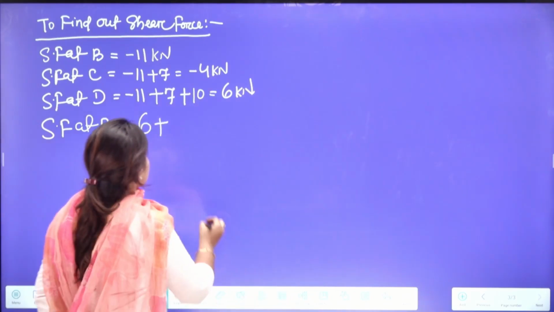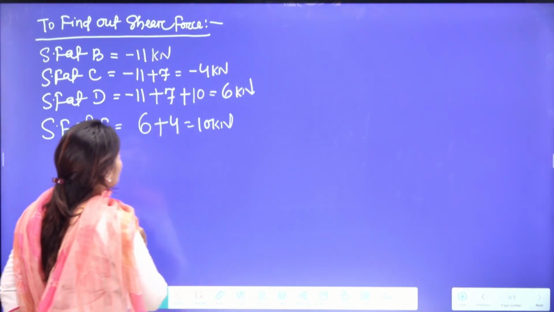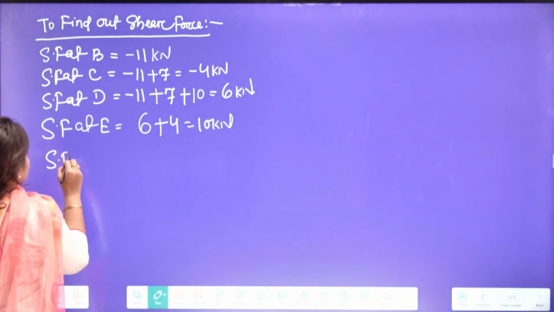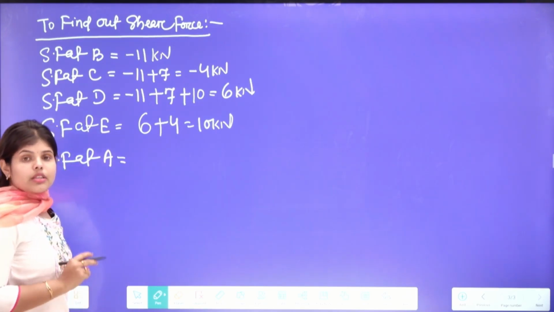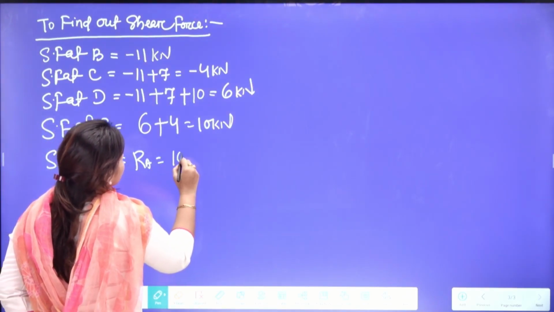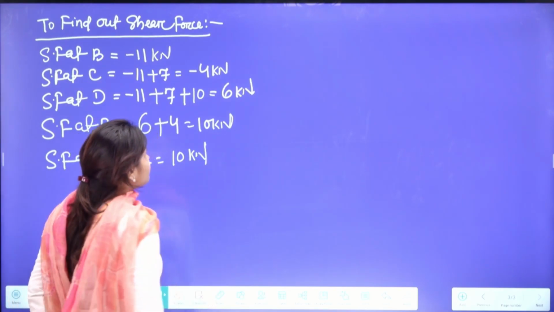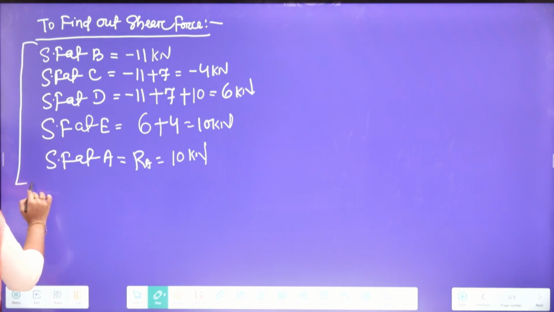So, 6 plus 4, that is 10 kilonewton. Next, shear force at point A is the reaction force RA, equal to 10 kilonewton. Now we have the shear forces at A, B, C, D, E.